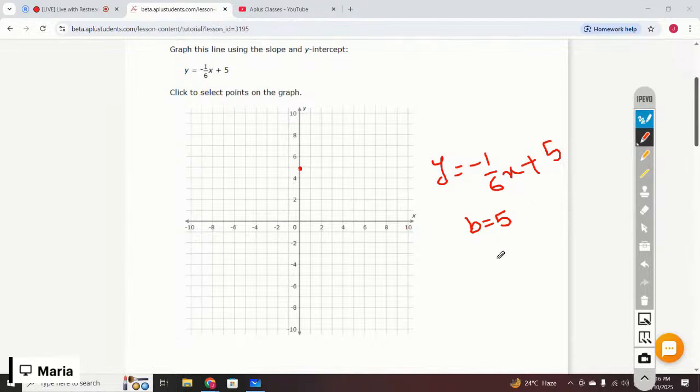Okay, then we have the slope that is negative 1 by 6. That means you need to move right 6 points. 1, 2, 3, 4, 5, 6. So just join these 2 points and make a line.